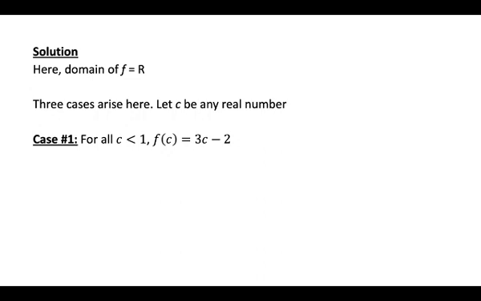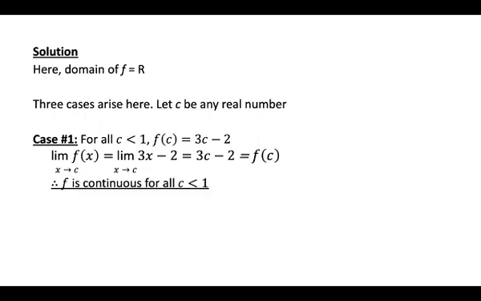Case 1: for c less than 1, f(c) equals 3c minus 2, and limit x tends to c of f(x) equals limit x tends to c of (3x minus 2), which equals 3c minus 2, which equals f(c). So f is continuous for all c less than 1.